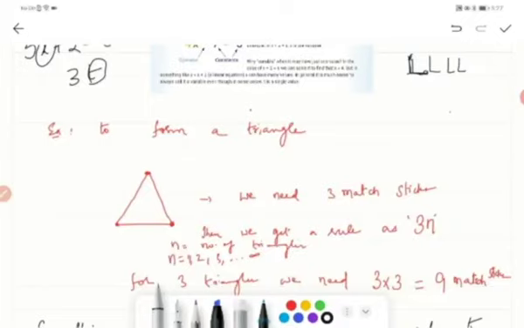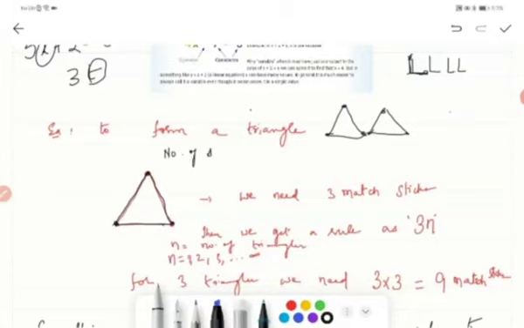Okay, so for a triangle, how many matchsticks do I need? I will need 3 matchsticks, right? 1, 2, 3 for one triangle. Now if I want to take two triangles, yes, I will need 6 matchsticks, right? So if I take some observations from this pattern, what pattern are you going to get?